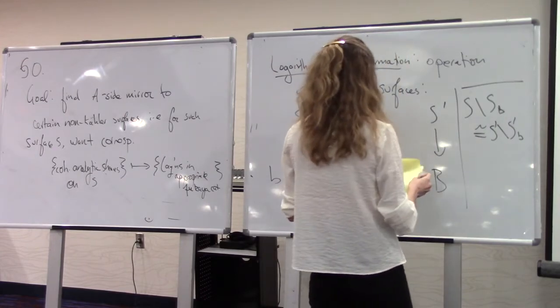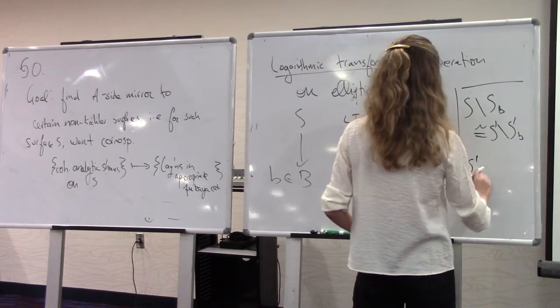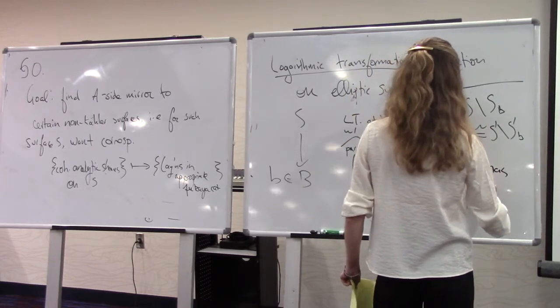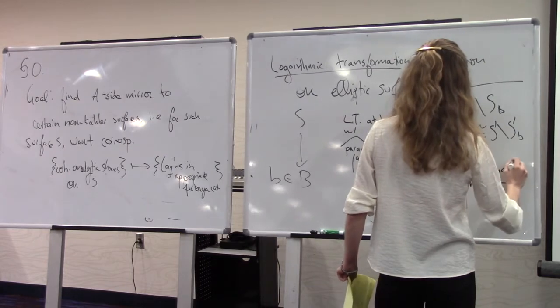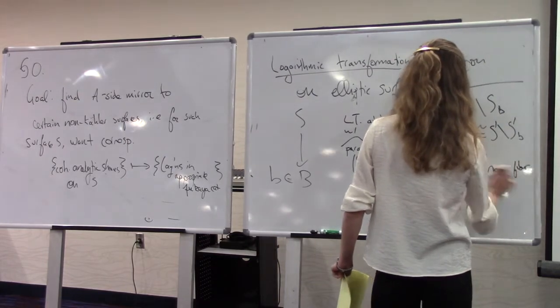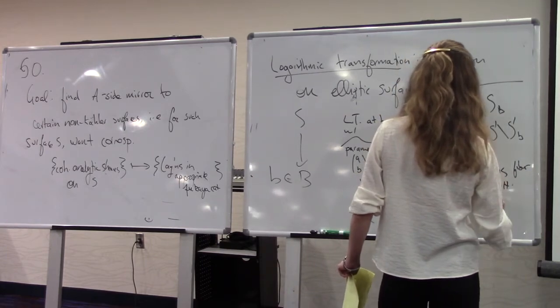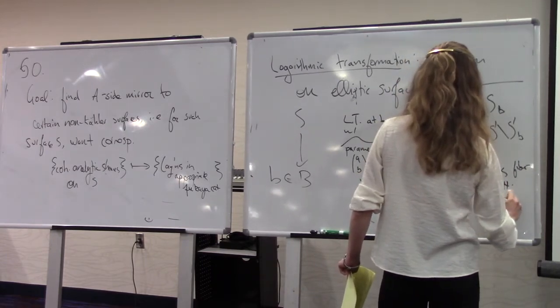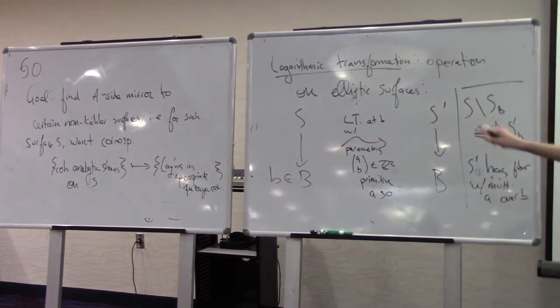And this S' has a fiber with multiplicity a over b. So you take an elliptic surface and produce another elliptic surface, and this one has a multiple fiber.